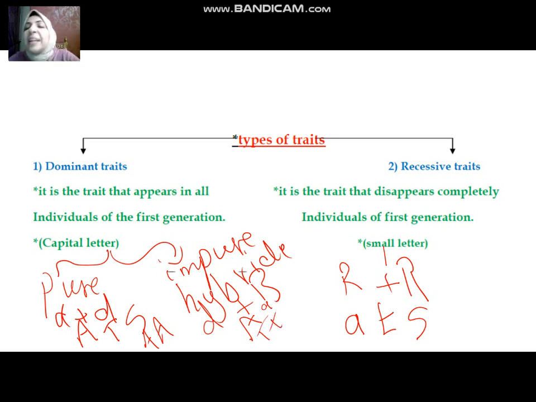To write the recessive trait, we write A small, A small, one recessive gene and another recessive gene, or S small, S small, T small, T small, and so on. This is the difference between the method of writing dominant and recessive traits. Okay, to the next part.